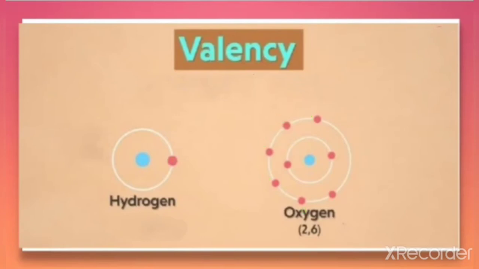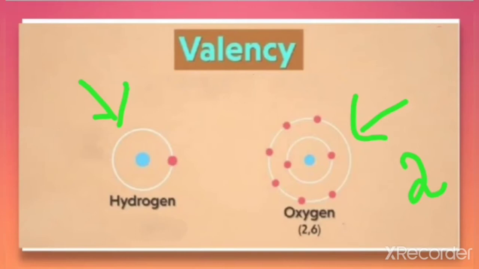But what is the valency for these atoms? In order to form a stable configuration, the first shell should have 2 electrons to be completely filled. So hydrogen requires a single electron, but oxygen requires 2 more electrons to complete the octet.